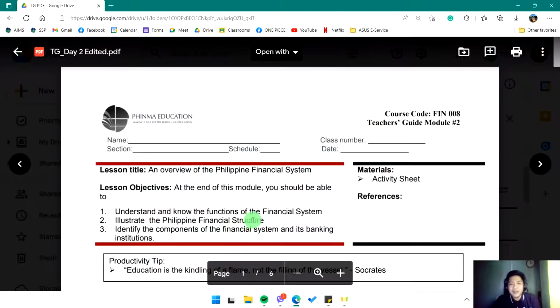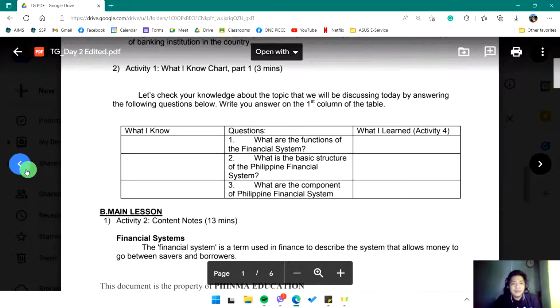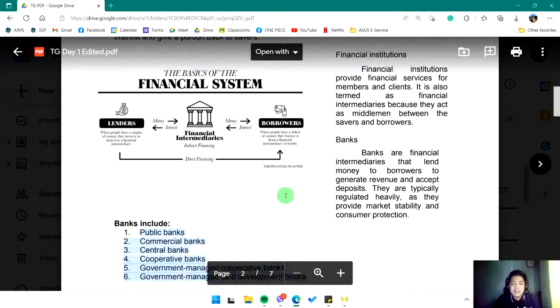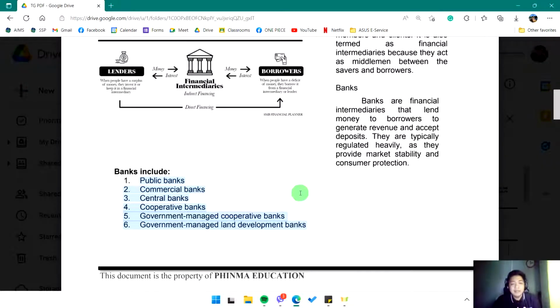But we will still move forward with the lesson on hand. We will discuss shortly who regulates them and who manages and supervises them. Since banks have a big role for us, they should really be taken seriously and regulated heavily.